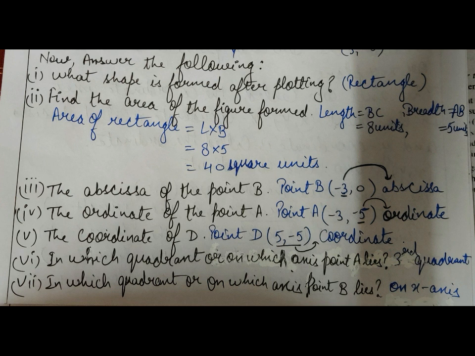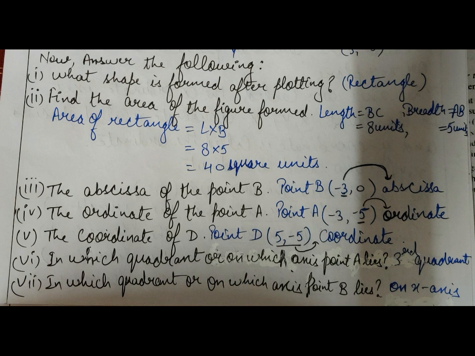Then the fourth part, that is, the ordinate of the point A. Here point A is (-3, -5). Again from here the ordinate will be -5. Then the fifth part, that is, the coordinate of D. Point D is (5, -5). This whole point acts as the coordinate, so this will be the answer.